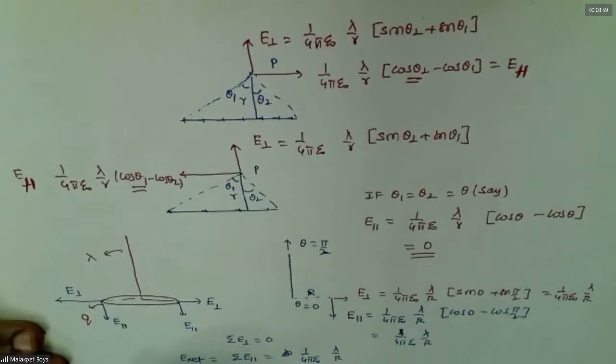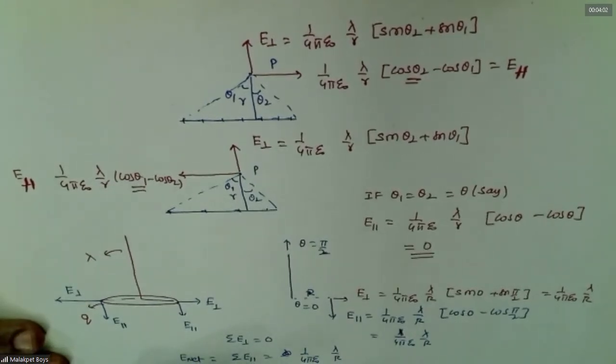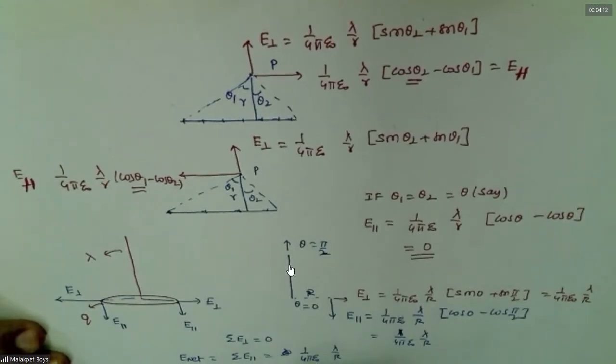Therefore, what is the force on that? Force on any element is dq into E. This is nothing but dq into 1 by 4 pi epsilon naught lambda by R. How much do you get?